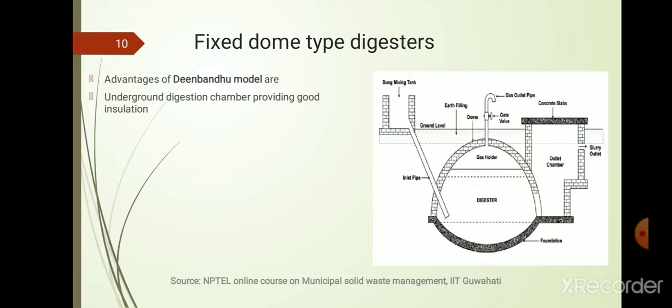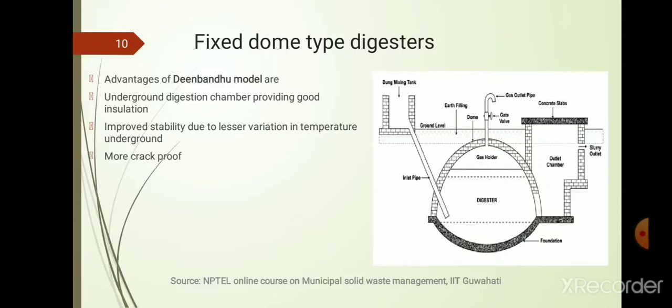All other parts are underground, so it has good insulation and less gas leakage, and since it is underground, it has improved stability against variation in temperature. We already said atmospheric temperature conditions will affect the working of an anaerobic digester, but here, since the digester is underground, that variation will not affect it much because it is insulated from the atmosphere.